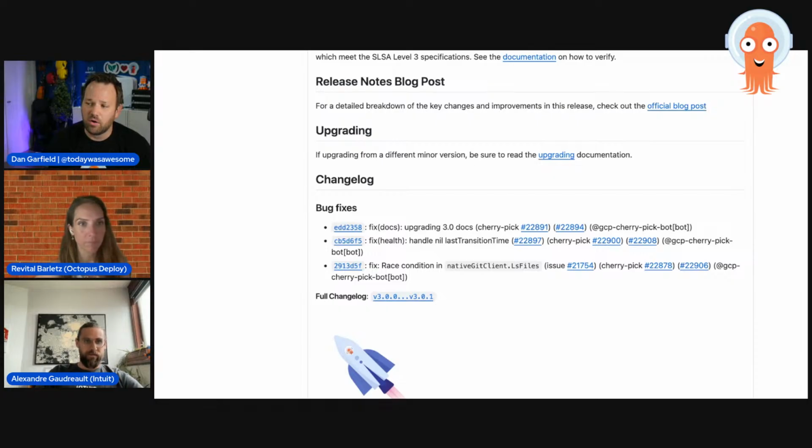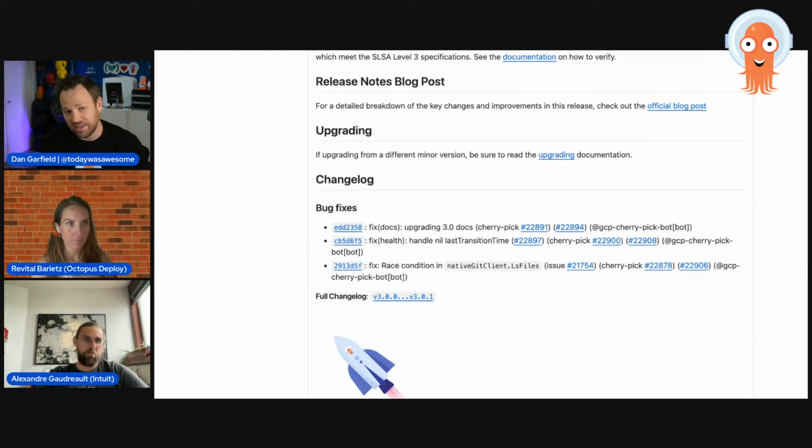And with 3.0, like you said, this is the first release we've had in a long time where there actually are breaking changes. So we put together a lot of documentation and guides. A lot of the things that I was worried about people getting tripped up on, I haven't seen that problem. I've seen just the normal little issues here and there that haven't been too big of a deal.